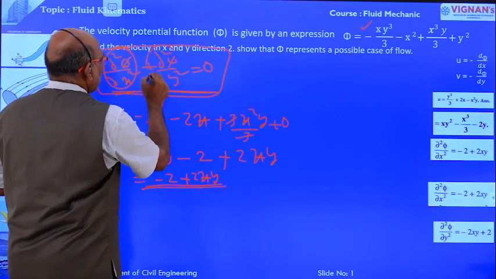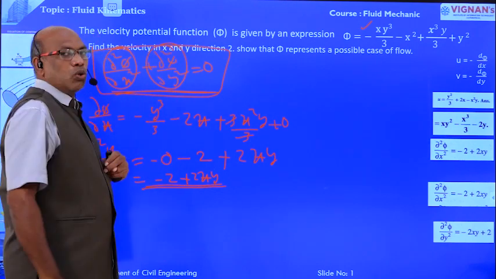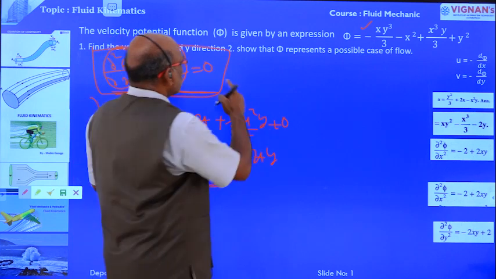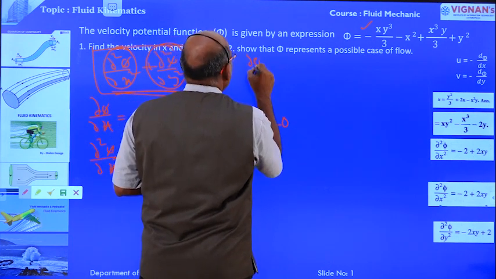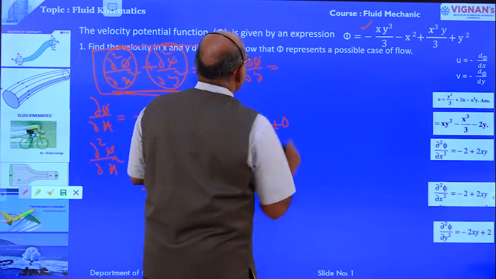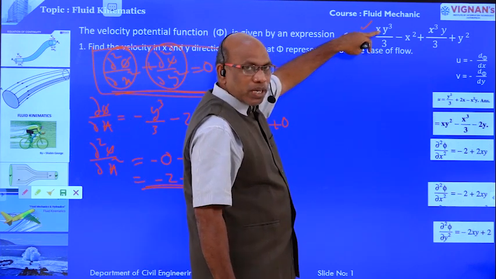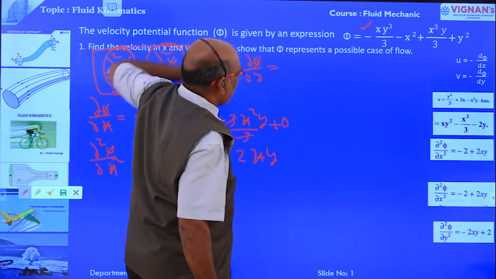Now we are going to determine dou square pi by dou y square. What is the dou square pi by dou y square? First we are going to determine dou pi by dou y. That means this velocity potential function differentiate with respect to y.